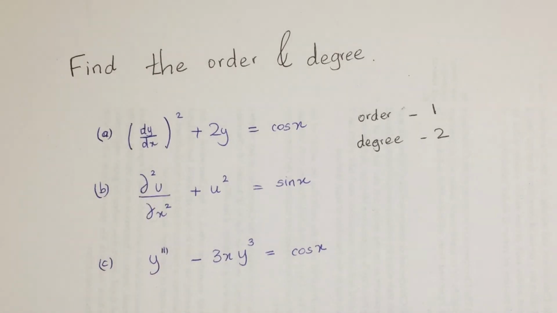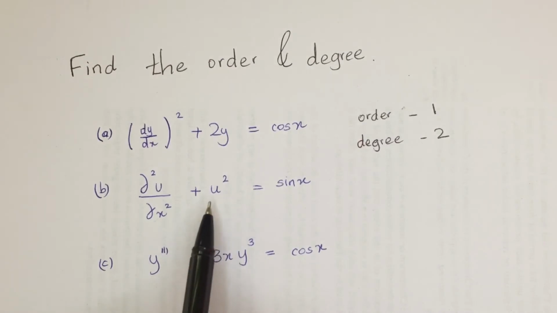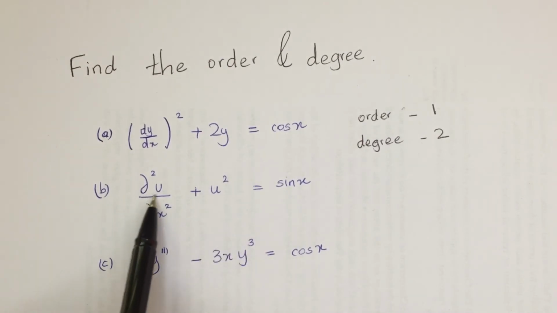We need to see whether there are any derivatives of that u, which is the dependent variable. After that we need to find what is the highest derivative of that. So actually you can figure it out. Here there is no derivative over here, u squared. Here you can find ∂u over ∂x.